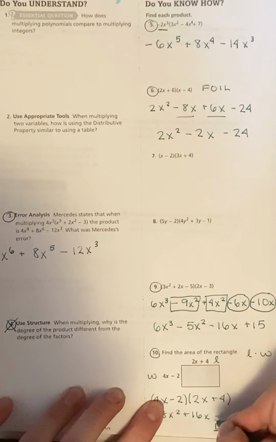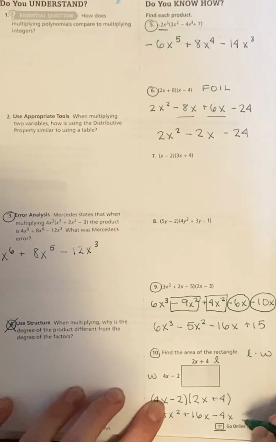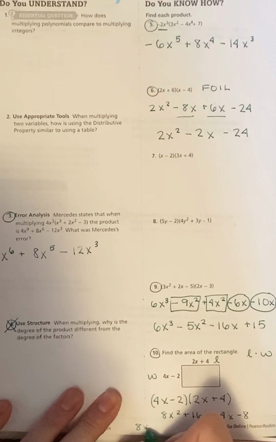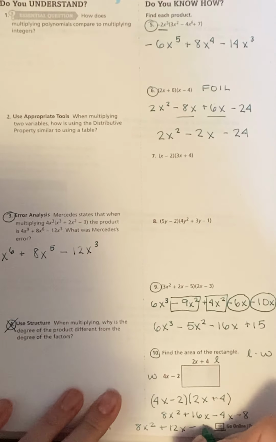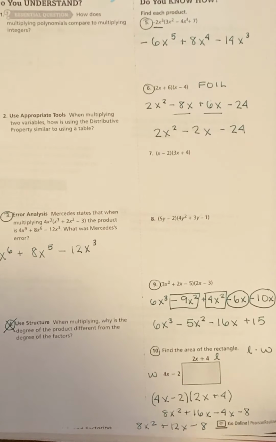Negative 2 times 2 is negative 4x, and negative 2 times 4 is negative 8. So then just combine those two like terms, you get 8x squared plus 12x minus 8 is your answer.